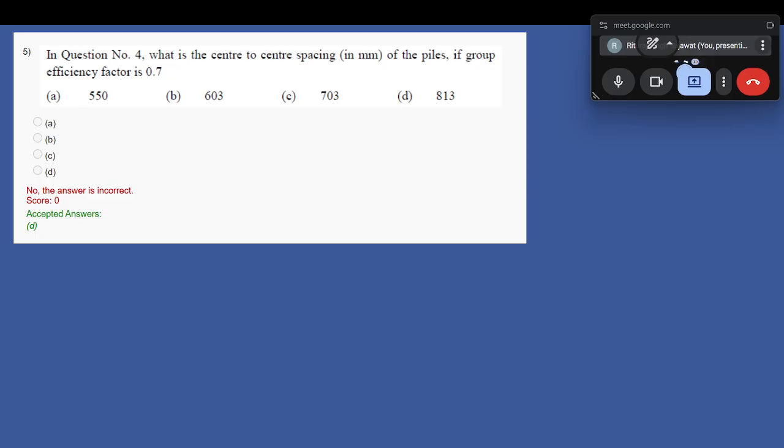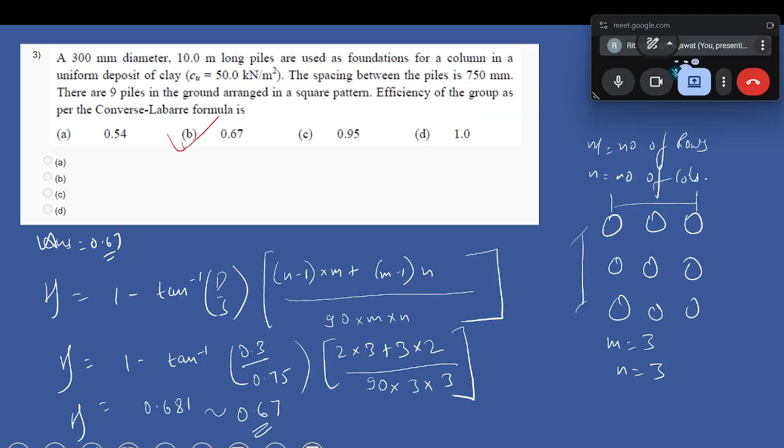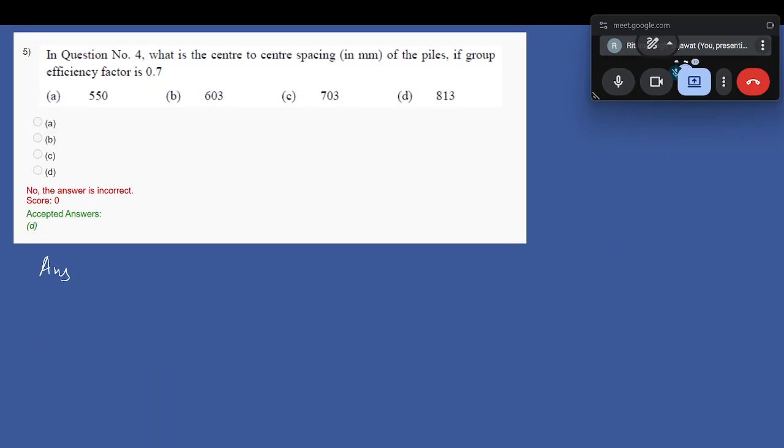Okay. I'm not sure. Maybe it can give an answer, but the correct approach is to again go with that formula where we used the Converse-Labarre formula, right? You can utilize this since you already know the efficiency, which is 0.7.